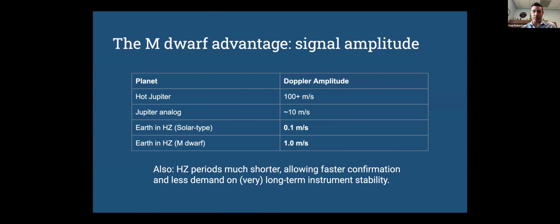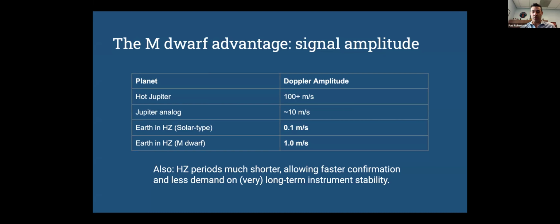And this part may be familiar to a lot of you, but I'm showing here the Doppler amplitude of various types of planets. And of course, highlighting the ones that we're most excited about, the Earth mass planets in the habitable zone. So this has to do with the fact that the planet to star size ratio is so much larger for an M dwarf.